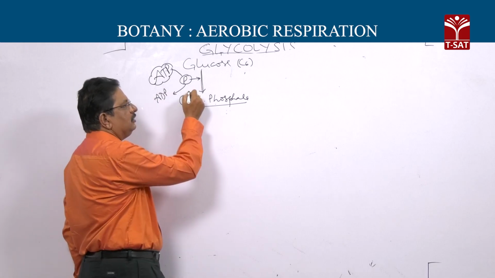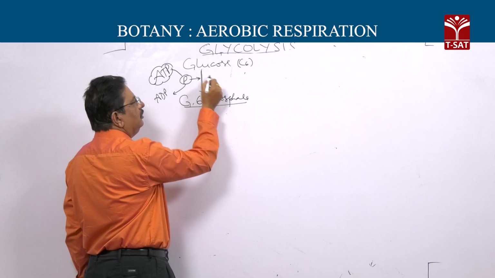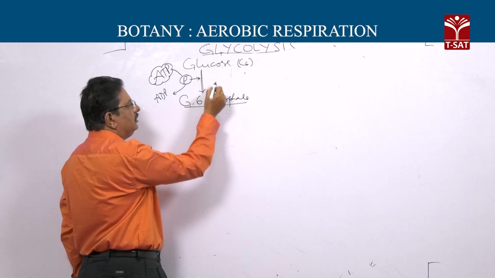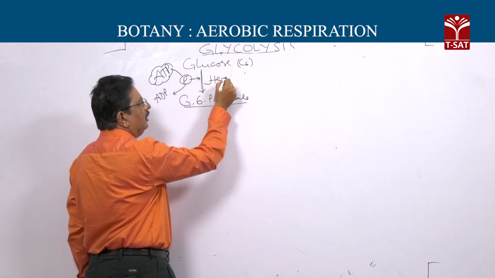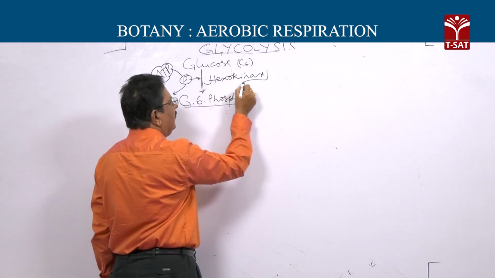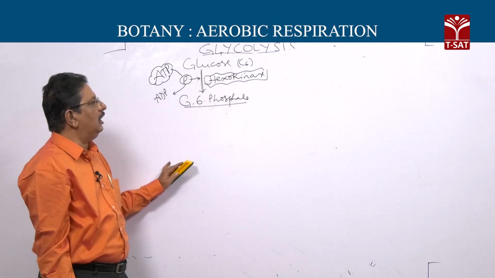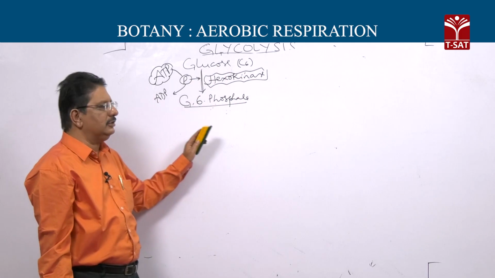This is a process where glucose is converted to glucose 6-phosphate through the mediation of an enzyme called hexokinase. As already stated, metabolic processes are mediated by enzymes.